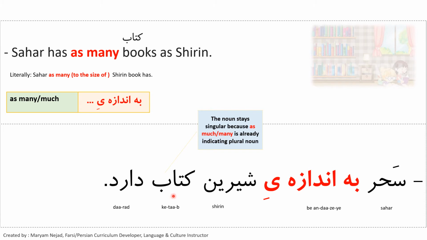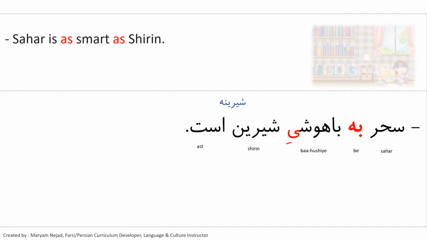So we do not need to make the noun plural anymore. We keep it singular. And then also the informal of دارد is داره. So this sentence, a little bit more informal, is سحر به اندازه شیرین کتاب داره.